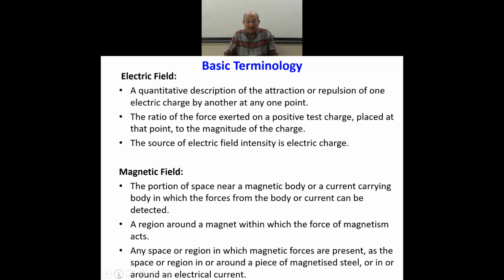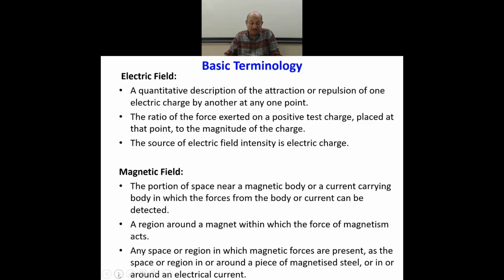So as you can distinguish, the electric field comes from the electric charge, whereas the magnetic field builds up with the current carried by a body or a conductor. The region around a magnet, which could be a permanent magnet or an electromagnet, in which the force of magnetism acts, is also a magnetic field.